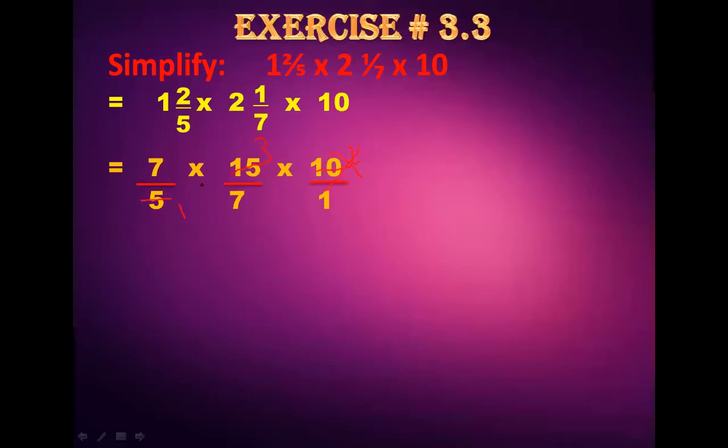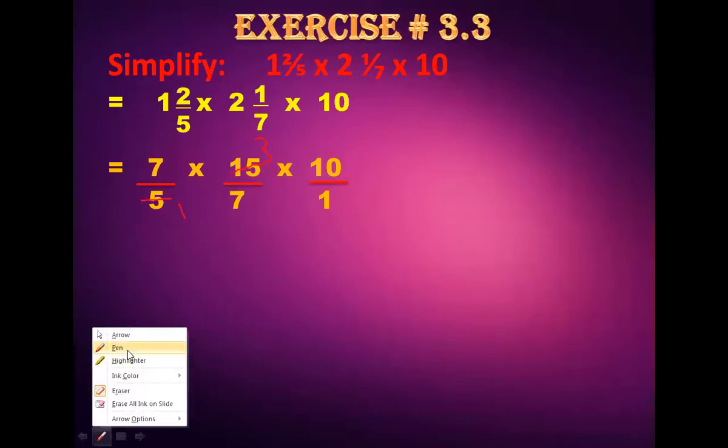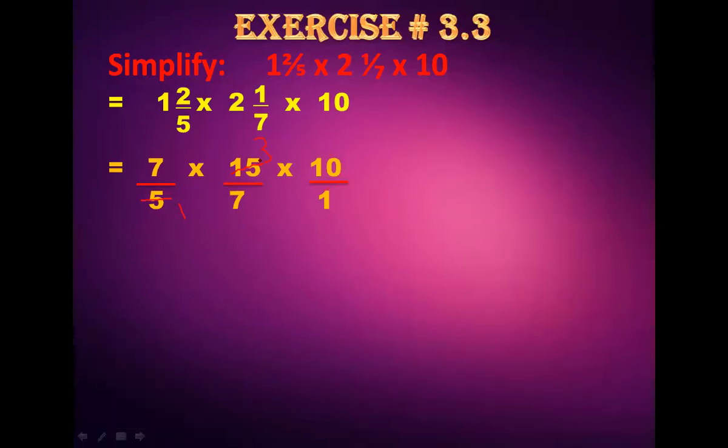Never take two numerators at once. So you will pick either 15 or 10. I'm dividing this 5 by 15, or you can divide it by 10, but only one time.